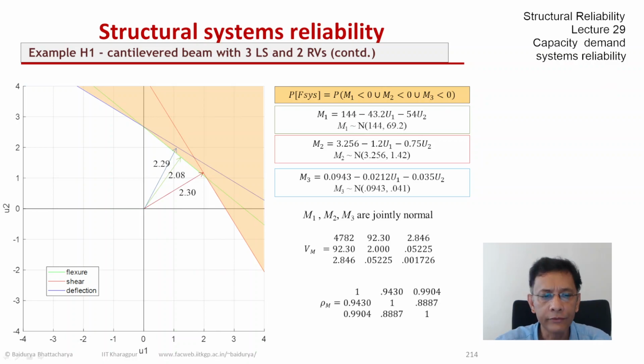And just for our information, just for our interest, although we don't need this for MATLAB, the correlation matrix looks like this, and it's quite interesting to see that all the failure modes are highly correlated. This is what I alluded to earlier, and that's because you see they are quite closely linked.